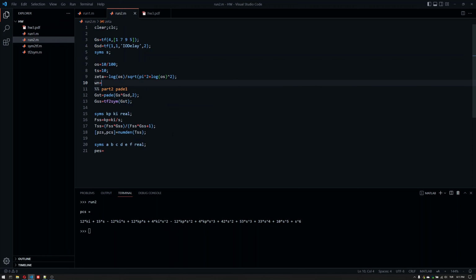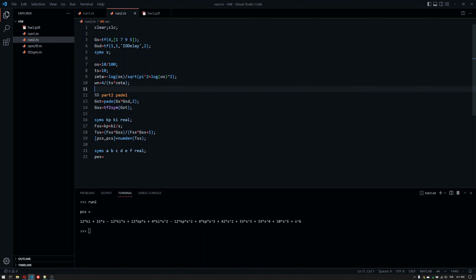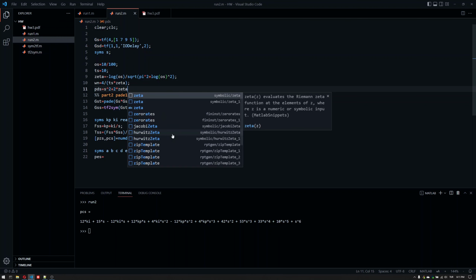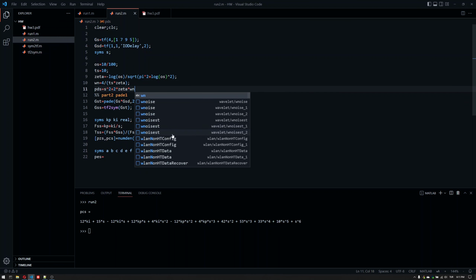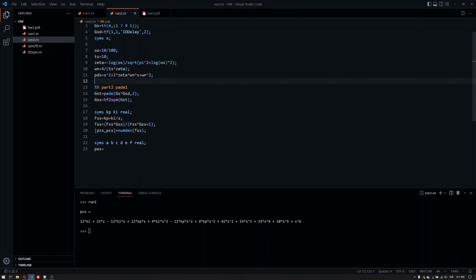Omega n is equal to 4 divided by ts times zeta. And therefore PDS is equal to s squared plus 2 times zeta times omega n times s plus omega n squared. There we go. Oh, it's a 6th order one. We need only 4. I just overdid stuff again. Okay.